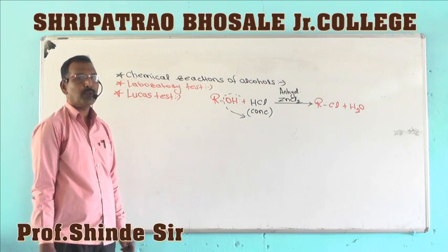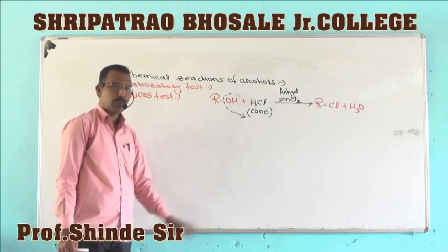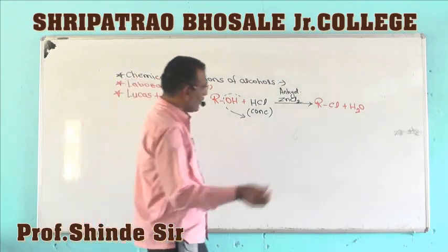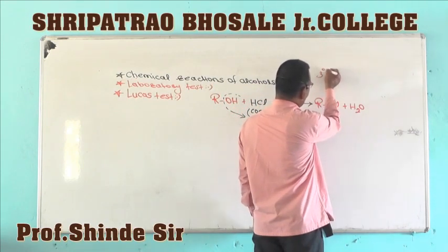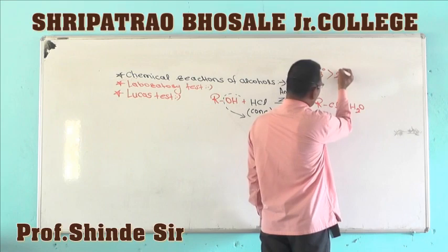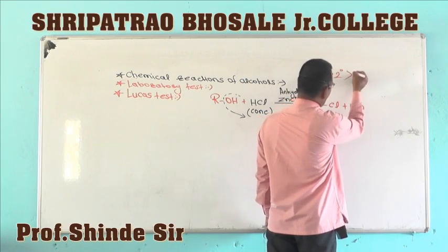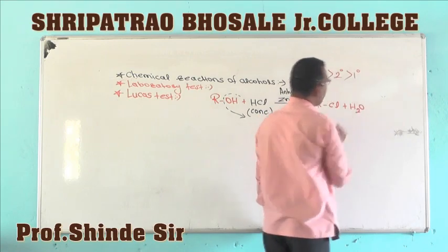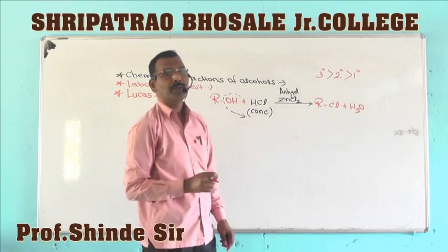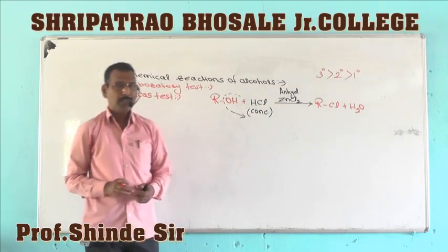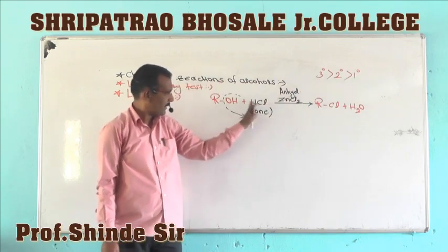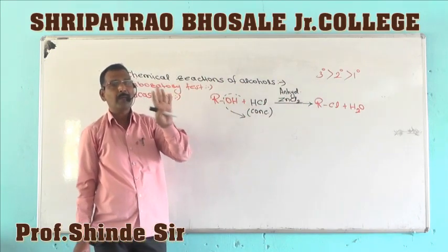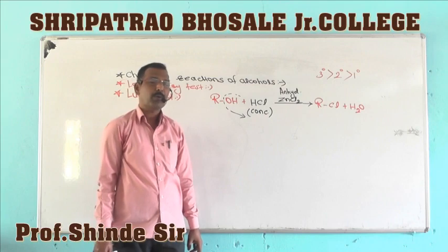Reactivity of alcohols towards Lucas reagent. That means tertiary alcohols are more reactive than secondary alcohols, and they are more reactive than primary alcohols. Now why this reactivity? Because in the mechanism of this reaction an intermediate carbonium ion is formed.